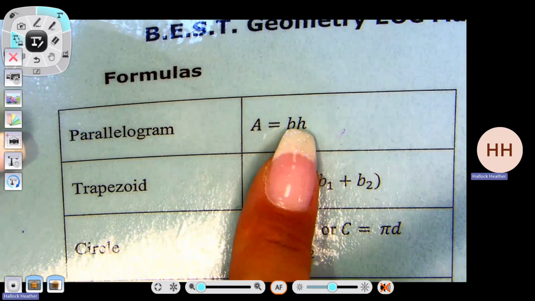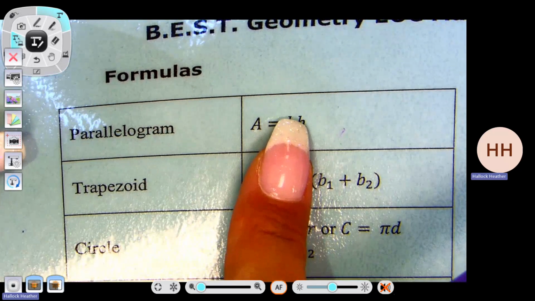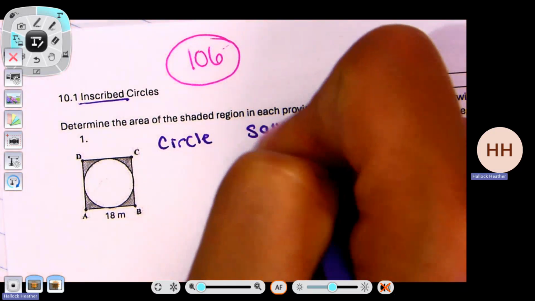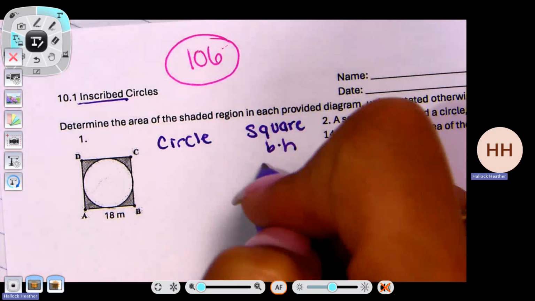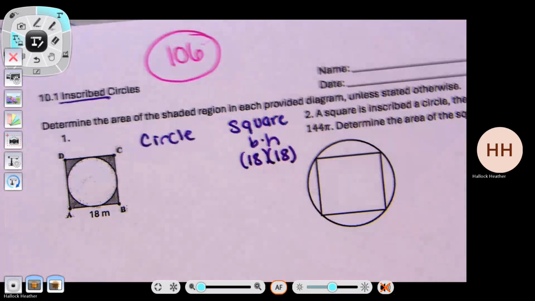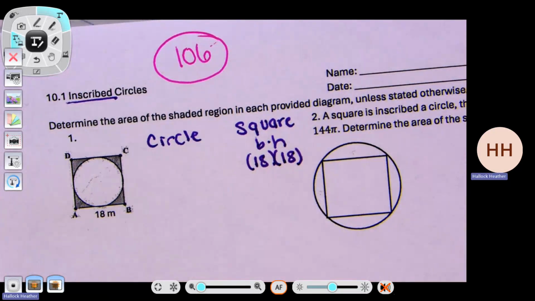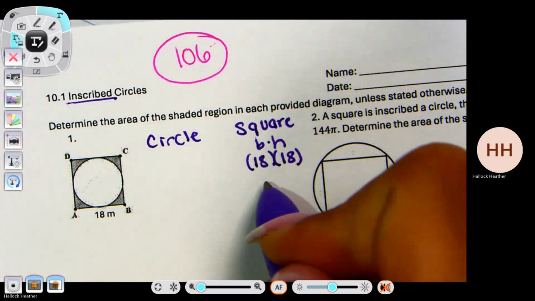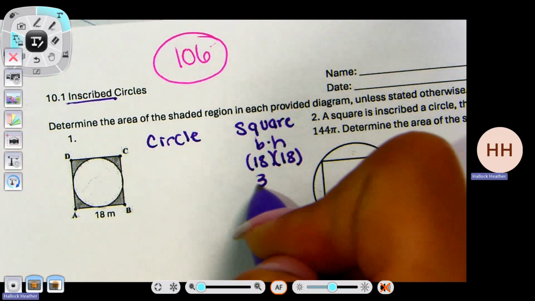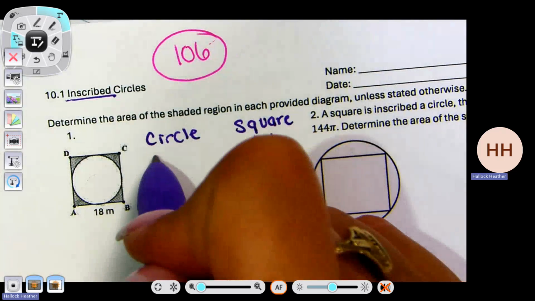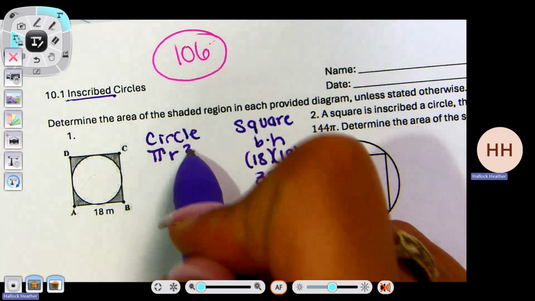So we're just doing base times height, which is length times width, which you should kind of know already from elementary school. My base and my height are the same because it's a square. So you're just doing 18 times 18. So what's my area for my square? 324.